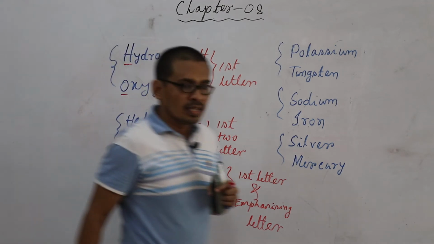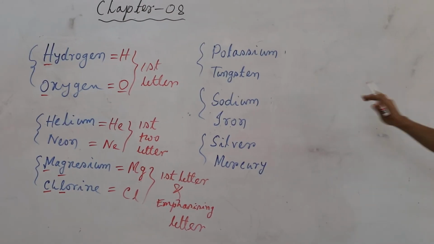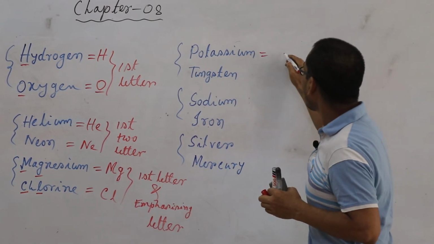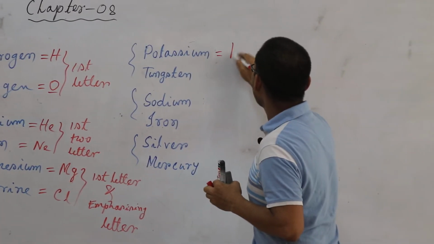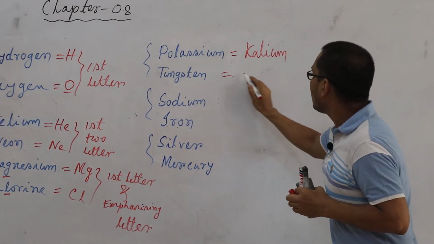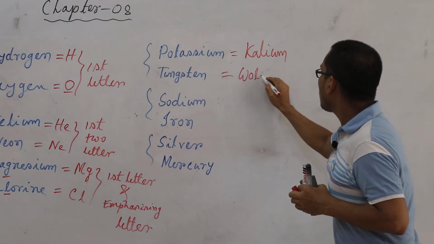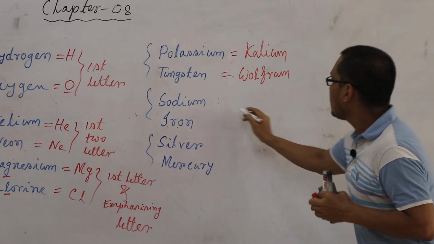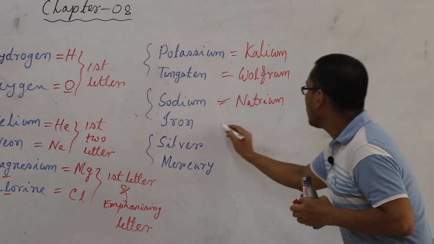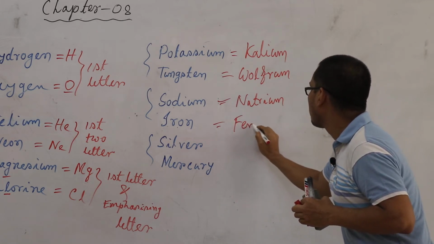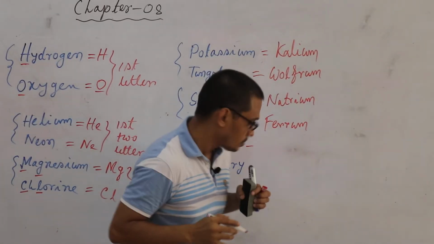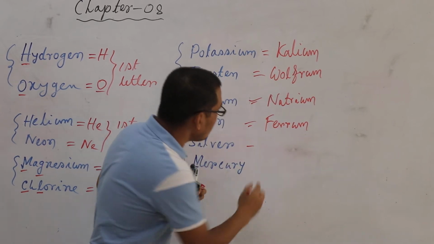Now come to the Latin names. What for Latin names? Same rules. For potassium, the Latin name is Kalium. For tungsten, the Latin name is Wolfram. For sodium, it is Natrium. For iron, Ferrum. For silver, Argentum.